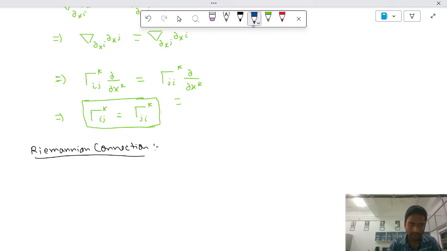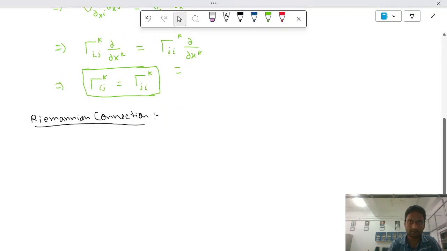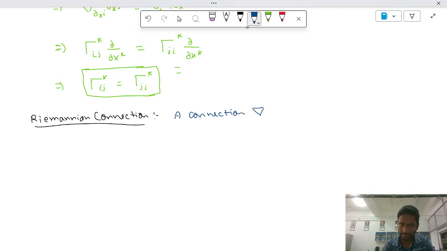So the Riemannian connection, a connection nabla on a Riemannian manifold.